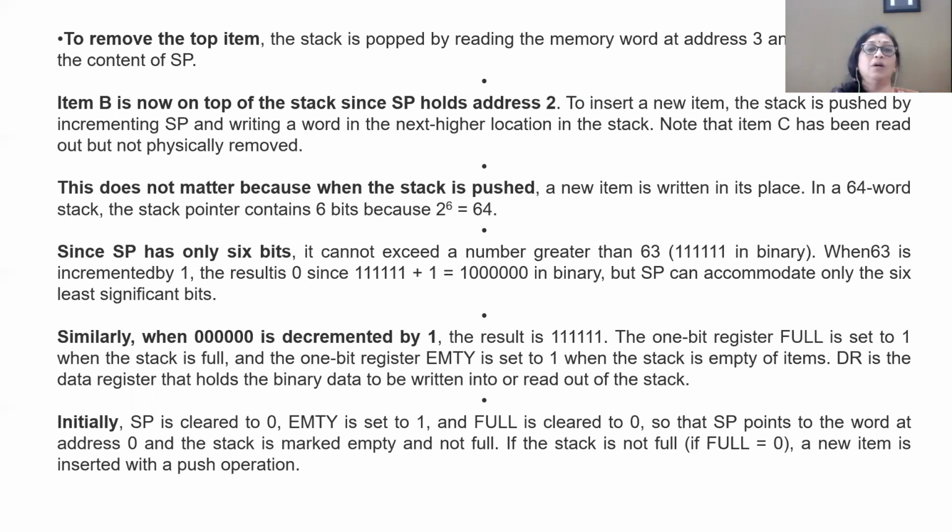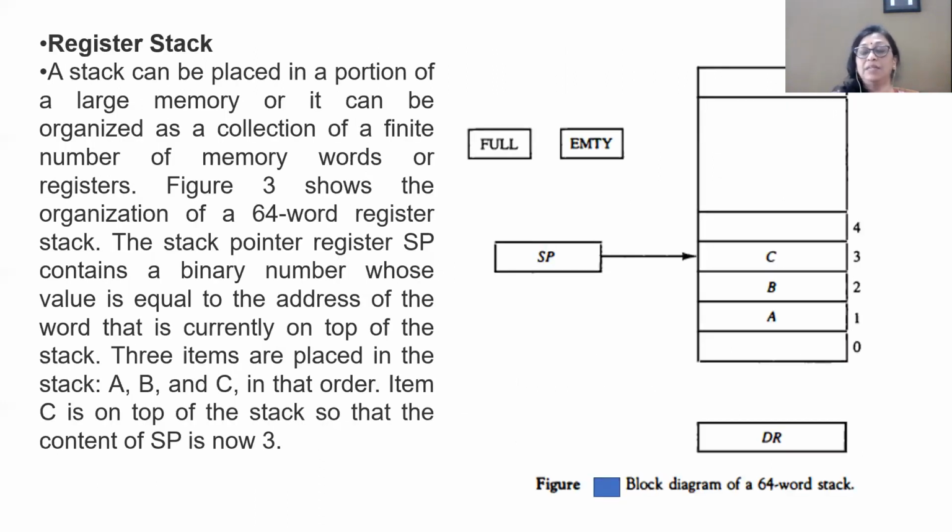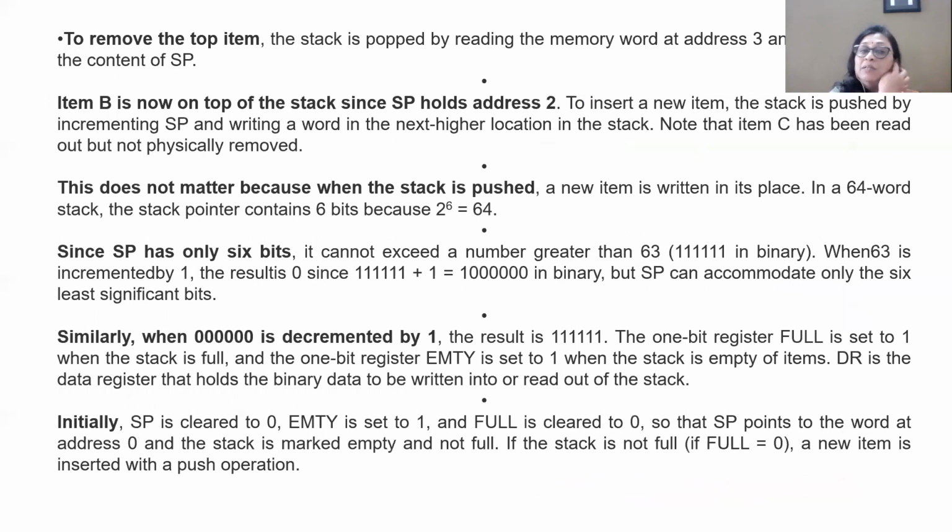Suppose in this particular example, we want to remove the top element of the stack. The top element, as we have seen here, is present at address 3 and this has to be removed. When this has to be removed, the contents of the stack pointer register must be decremented by 1 if you are going to delete the element from the stack.